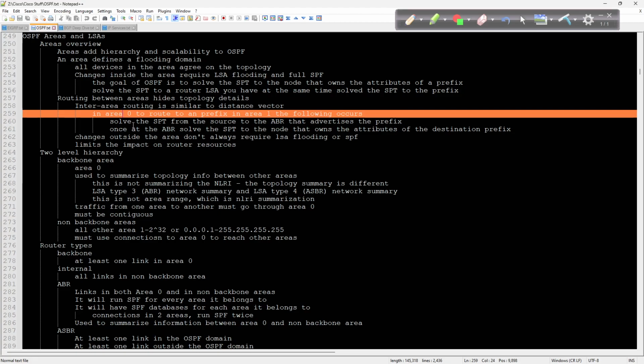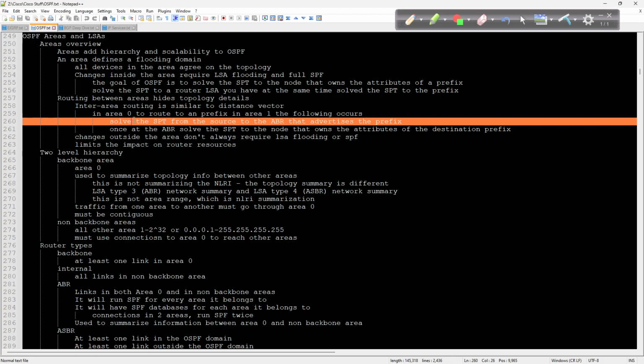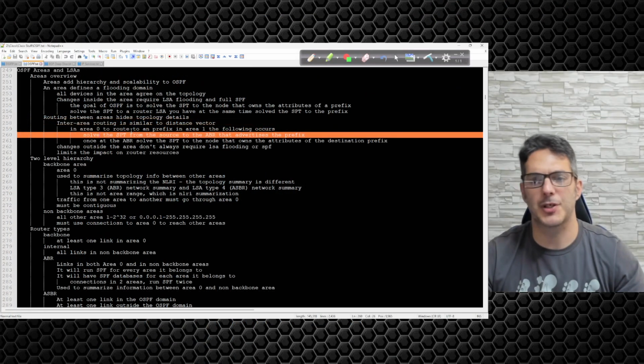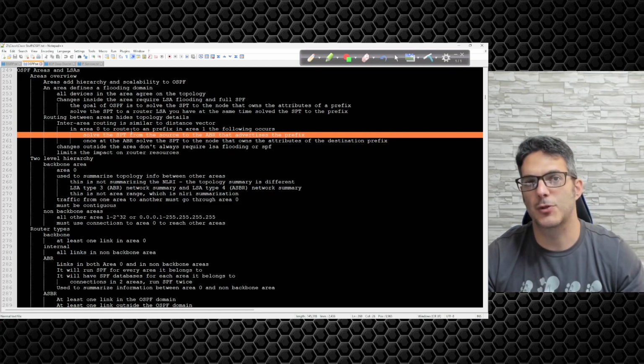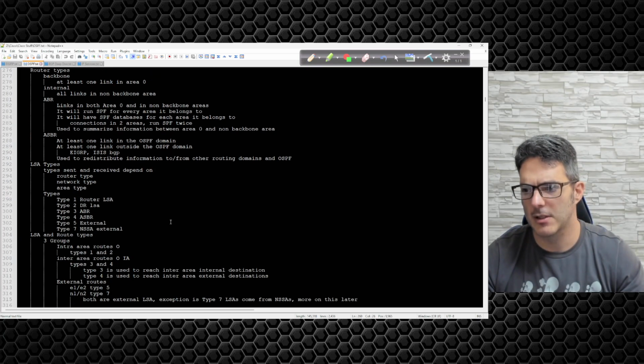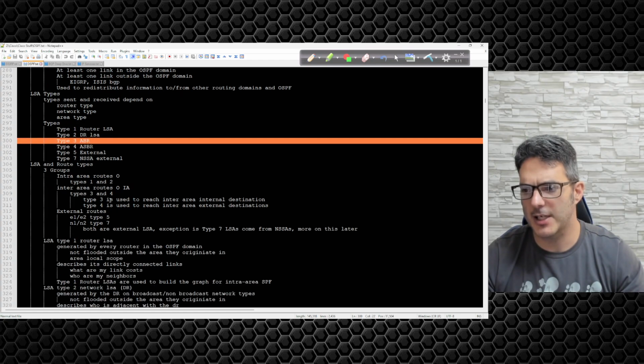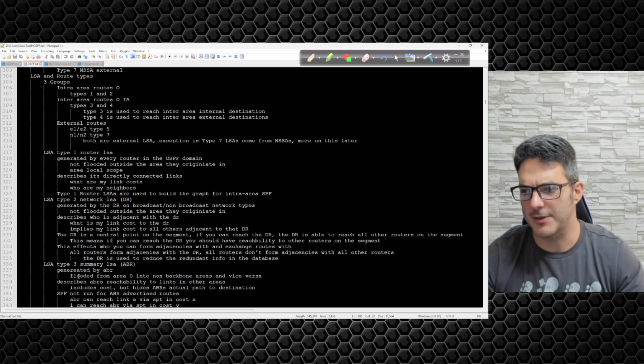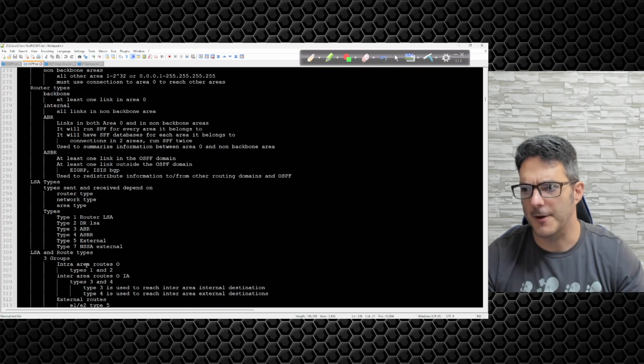You have to solve the shortest path tree from the source to the area border router that advertises the prefix. So the area border router is going to generate a type 3 LSA. A type 3 LSA is going to be a network summary LSA. I think they refer to it as the network summary. Yeah, network summary. Right there.